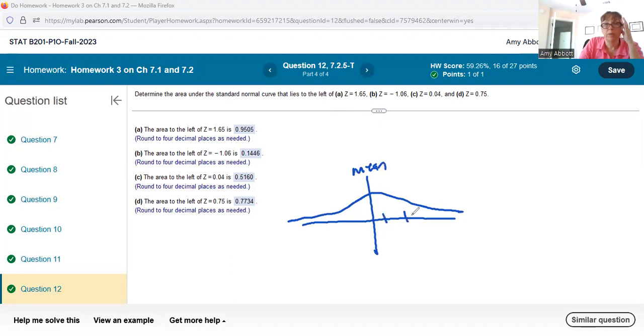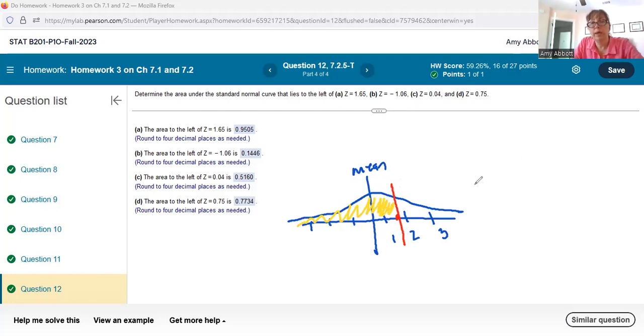And then going out so many standard deviations or Z-scores, whatever they want to call it. So the first one wants you to find the area to the left of the number 1.65. So 1.65 would be maybe right there. And they want everything to the left of that.